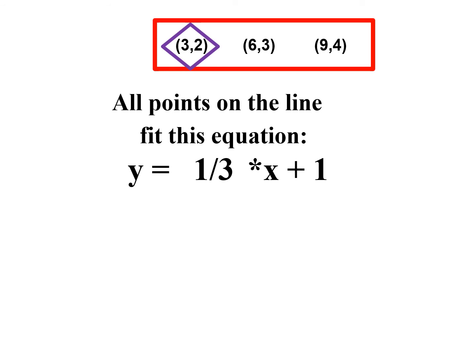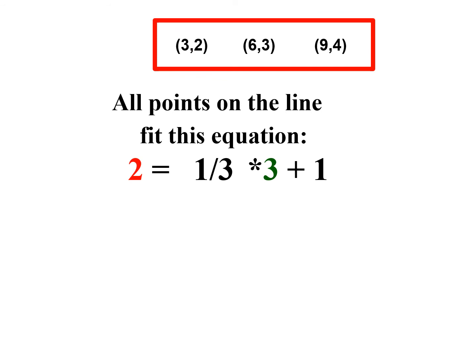Let's begin with the point (3, 2). The point's y-coordinate is equal to 2. So we'll substitute a 2 for y in the equation. The point's x-coordinate is 3. So we'll substitute a 3 for x in this equation.